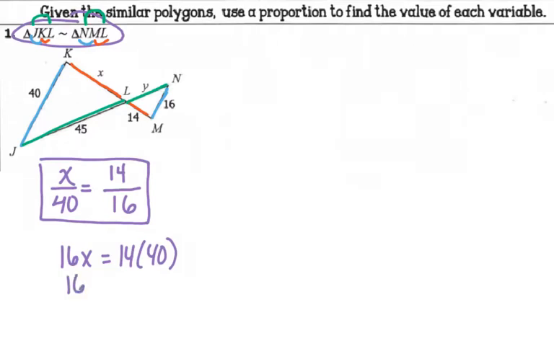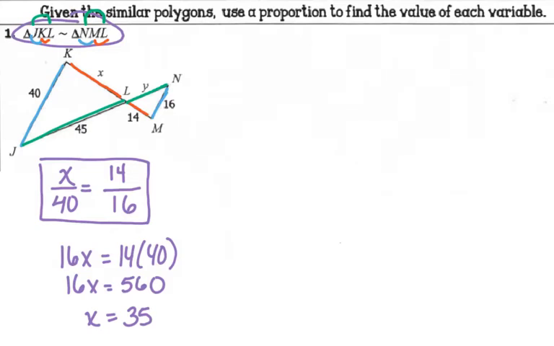We'll have 16x equals 560. And if we divide both sides by 16, we will get 35. All right.